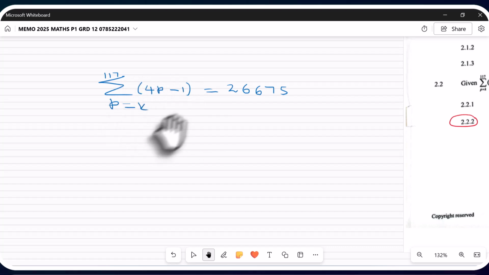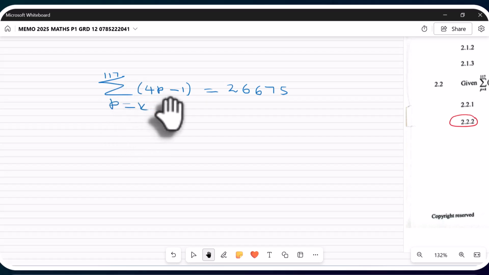Okay, so here we go. As you can see, I'm going to find out now the summation from p equals 1 until 117 of the 4p minus 1. So here I'm going to say it's going to be 4 into 1 minus 1, right?